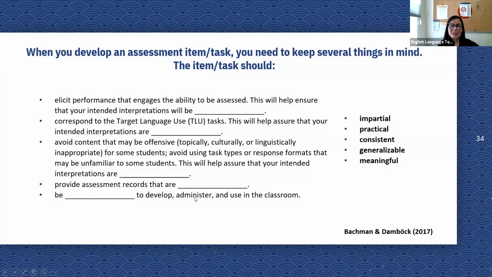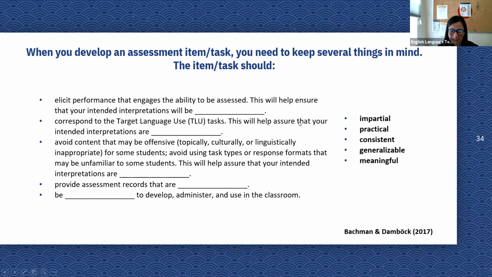Okay, all right. So if you want your item, your task, to elicit performance that engages the ability to be assessed, it will help ensure that your intended interpretations will be, any ideas? It will be meaningful, right?